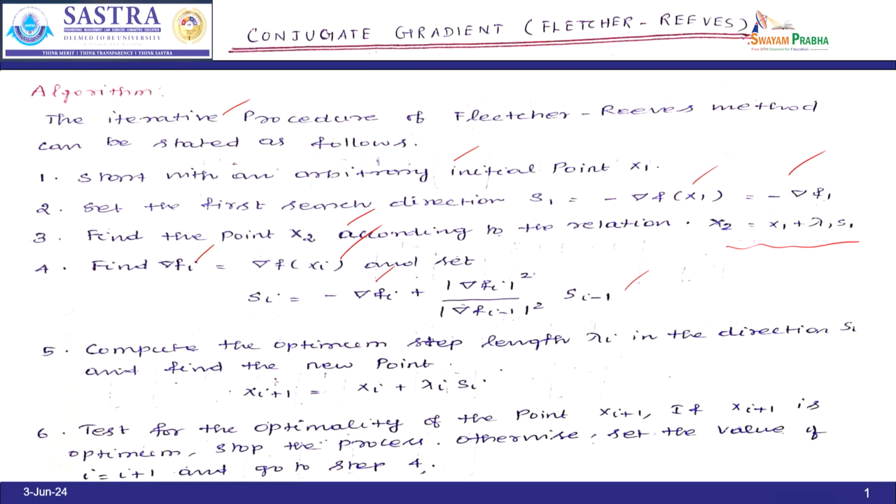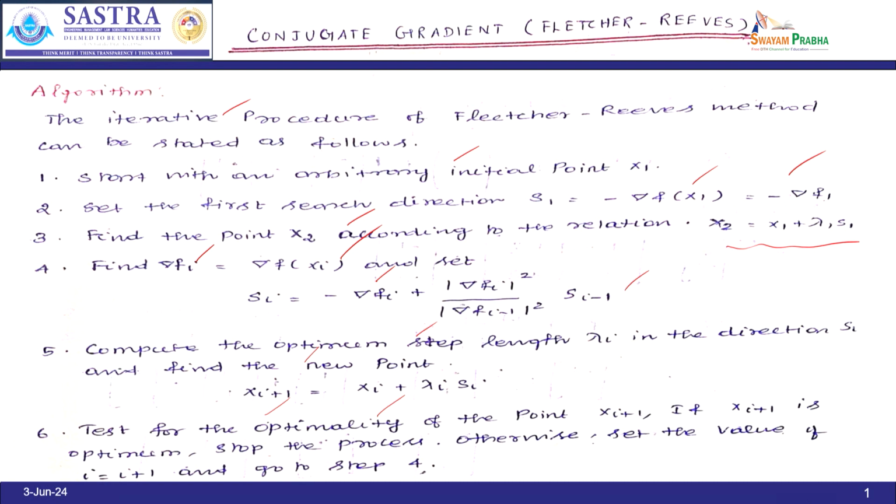So, it seems to be a Newton method, and the Newton search method also follows. Keep the Newton methods in mind, as this differs slightly. x2 equal to x1 plus lambda 1 s1, and compute the optimum step length lambda i in the direction of si, and find the new point x i plus 1 equal to xi plus lambda i si, and test the optimality of the point x i plus 1.